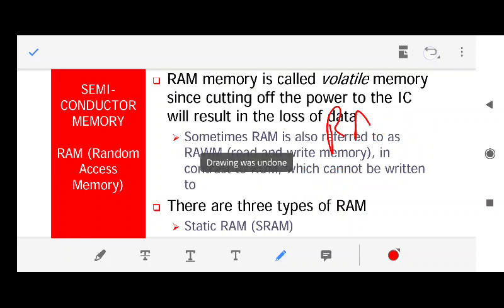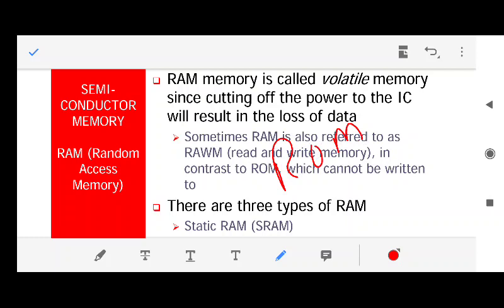So this is one way of defining RAM, whether your memory is volatile or non-volatile. Can you define ROM also as volatile or non-volatile? There's no point in defining ROM that way, because you want your ROM to retain the data forever.